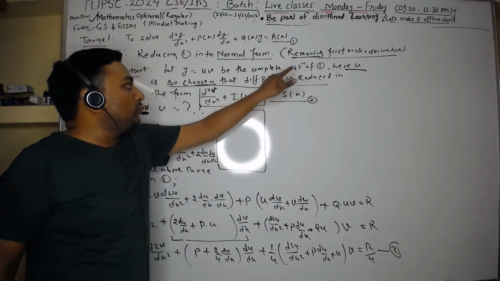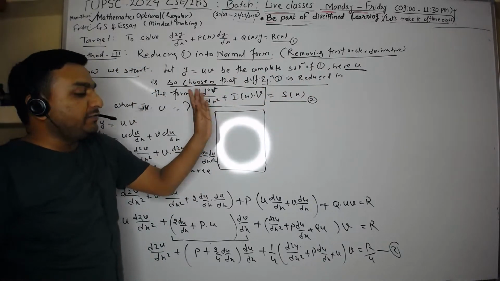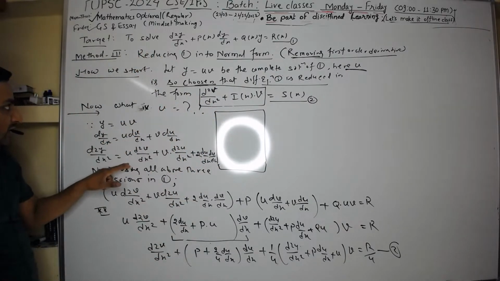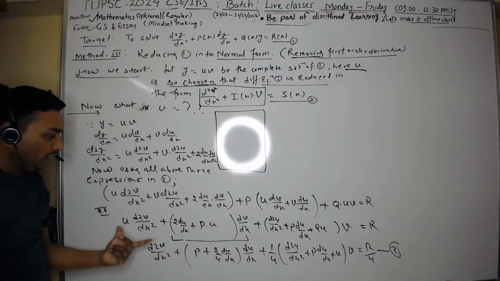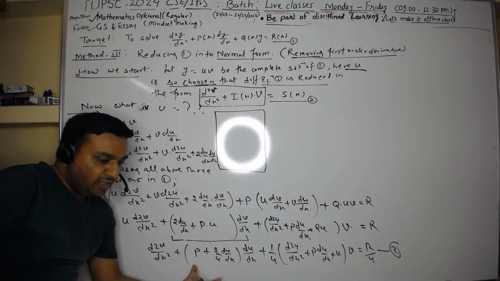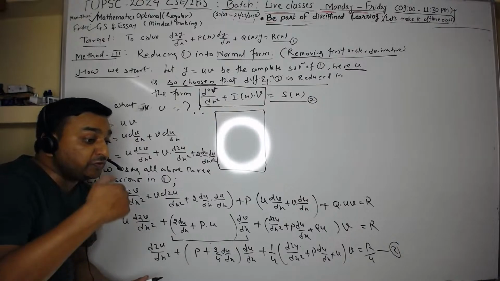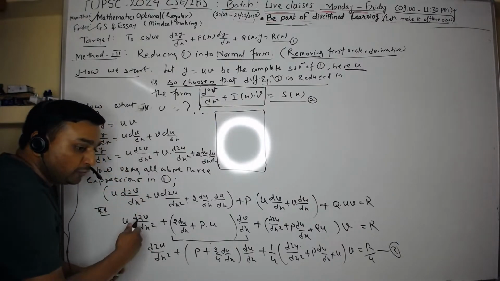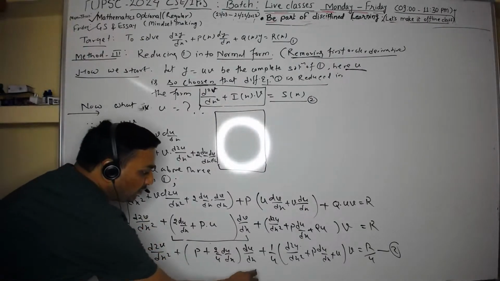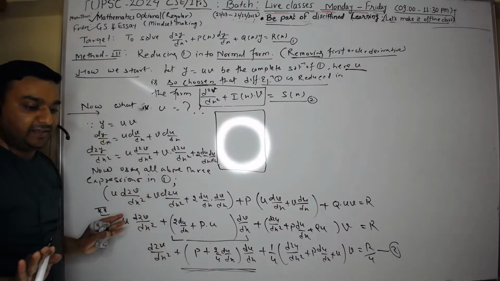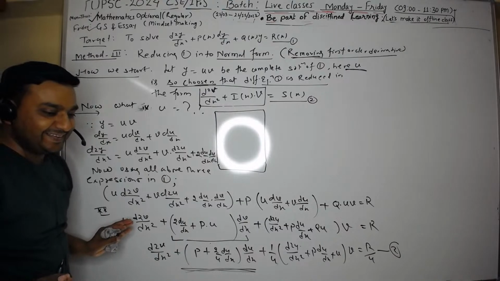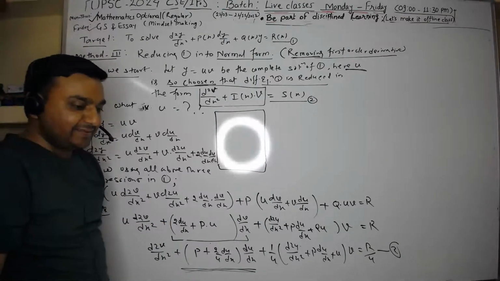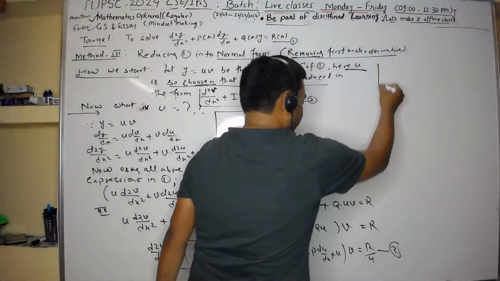Where u is so chosen that first order derivative is gone. Okay, we have substituted this in the differential equation. We got this differential equation. Now I want to choose u, Shivu, baat bani? I want to choose u such that this term is removed from here. Am I clear or not, Shivu? Please say yes or no.